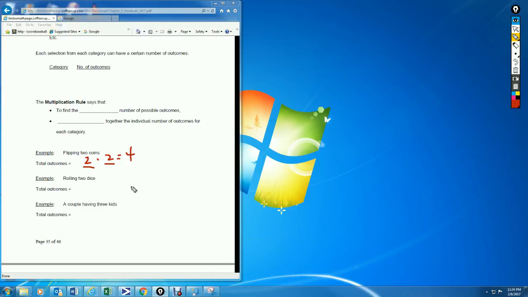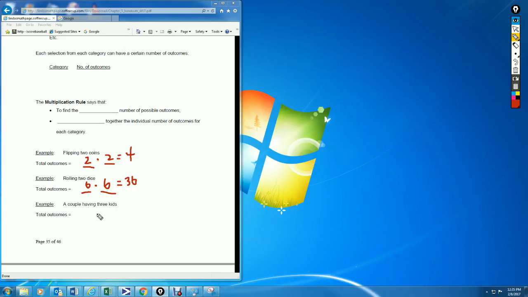Rolling 2 dice. We already know there's 36 outcomes because we looked at the two-way table. But you could say, well, when I roll the first die, there's 6 outcomes, times when I roll the second die, there's 6 outcomes. 36 total ways, 36 total outcomes.